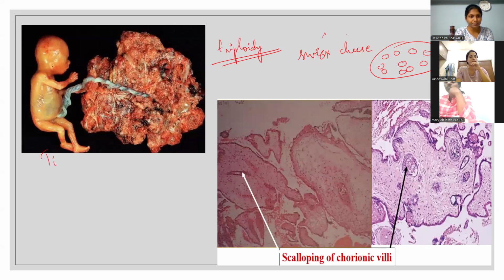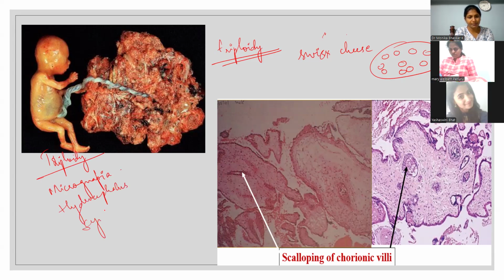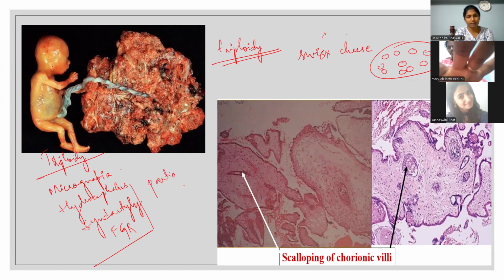So what are triploidy related features? The baby will have micrognathia and hydrocephalus, syndactyly, fetal growth restriction will be present, and there will be partial or focal hyperplasia of the trophoblastic tissue.